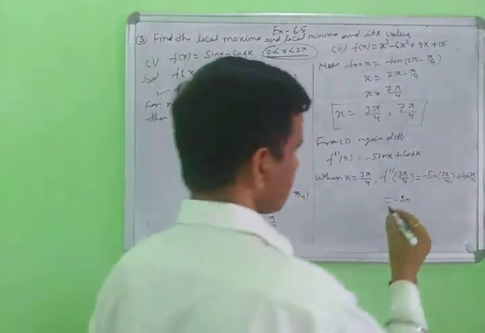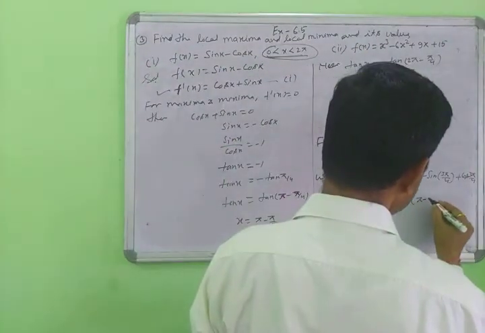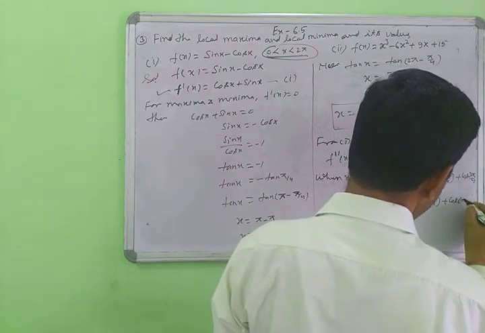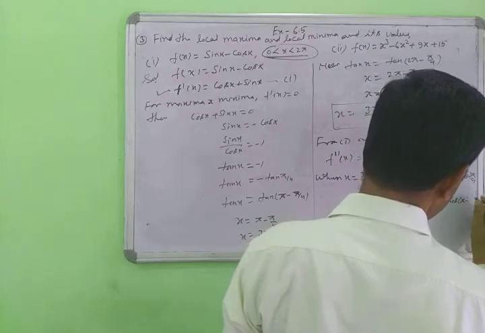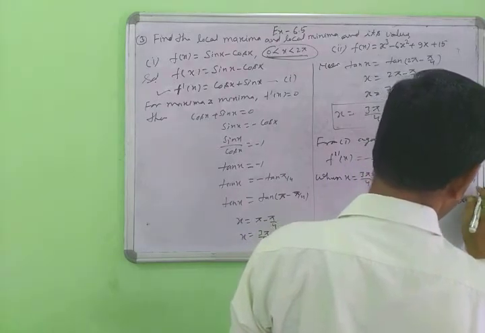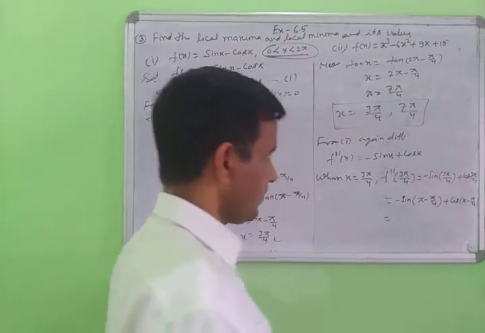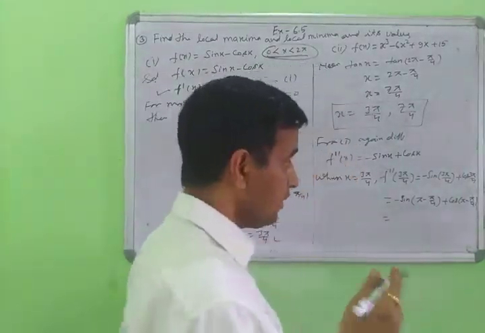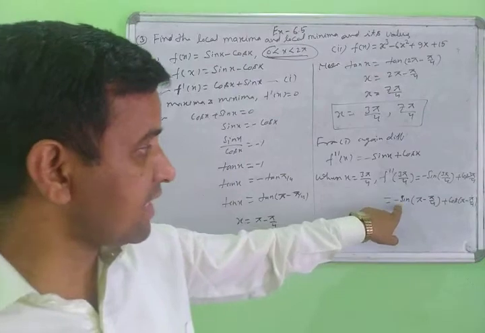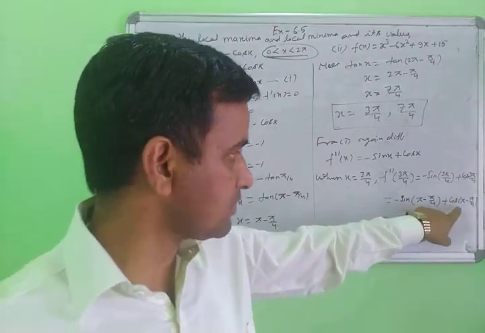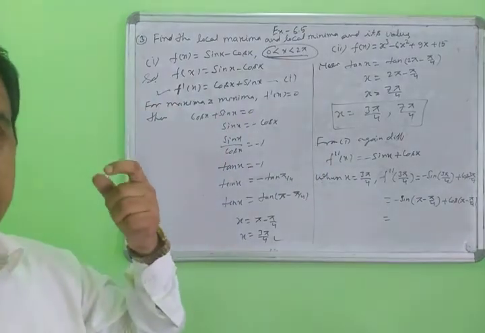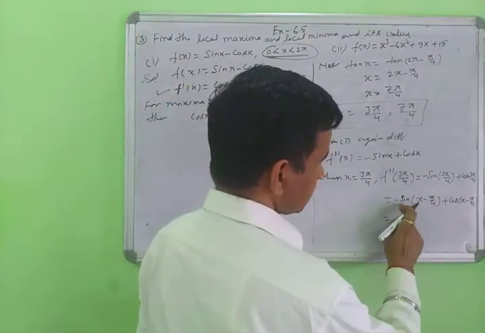Convert this again: minus sin pi minus pi by 4 plus cos pi minus pi by 4.